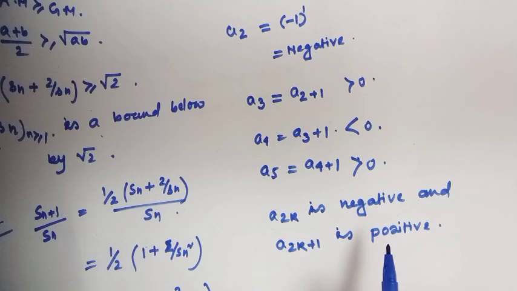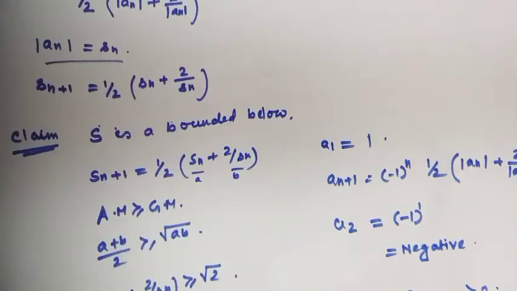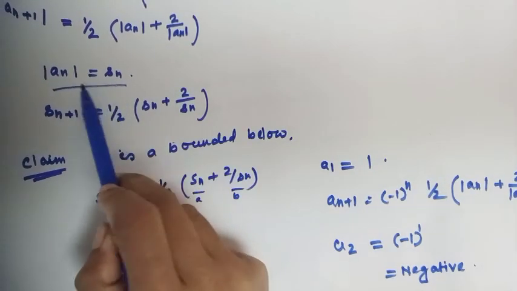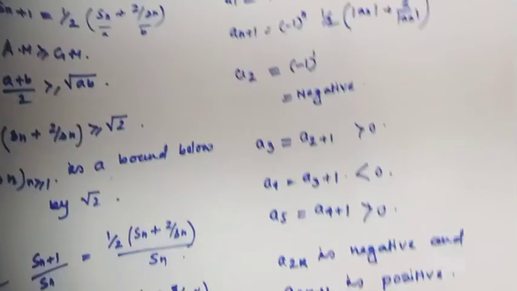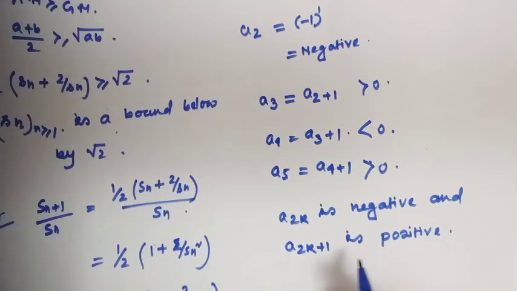Okay? That means for the odd terms, since these are positive, and I have considered the positive sequence S_n equal to the absolute value of a_n, and I have got that this positive sequence is a monotone decreasing sequence which is bounded below by the square root of 2.